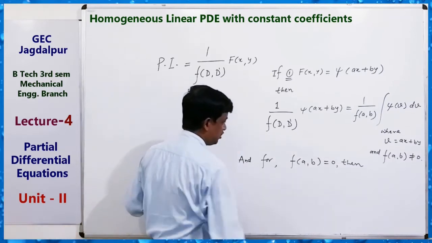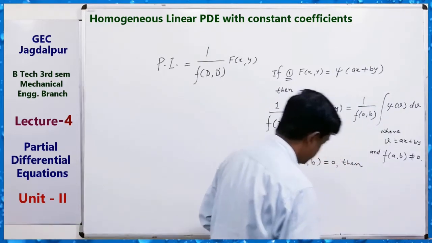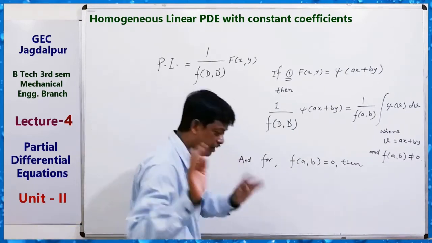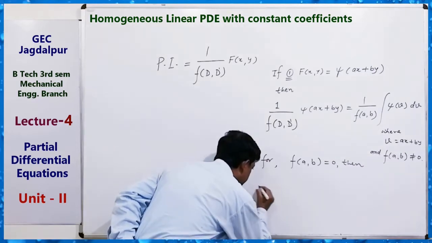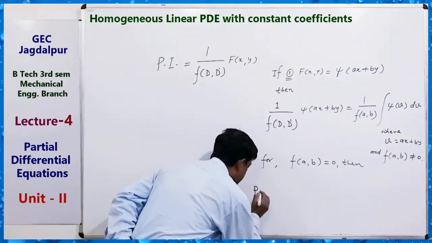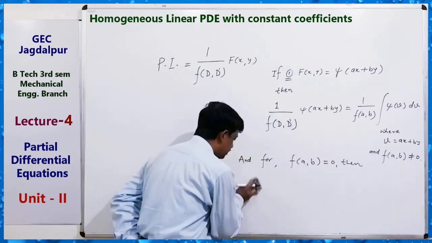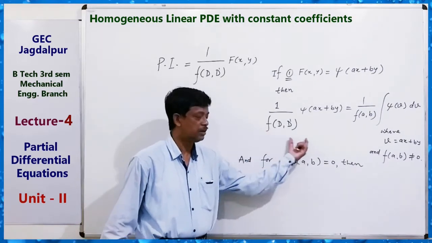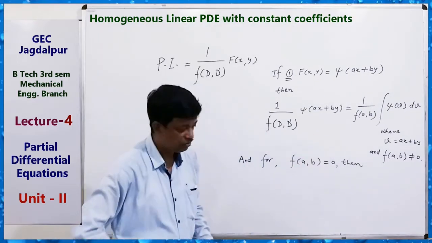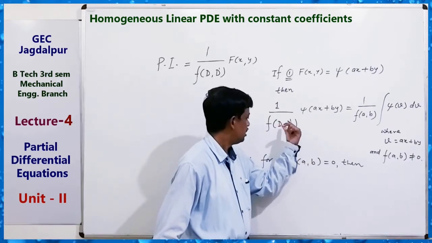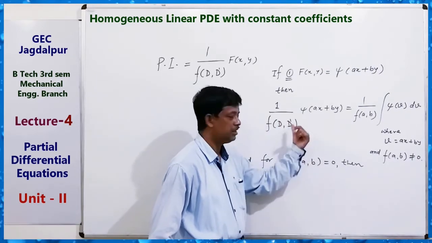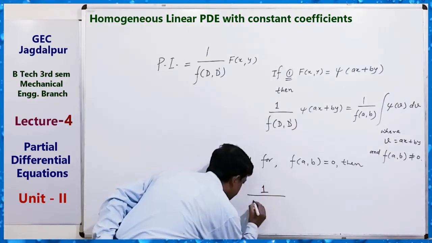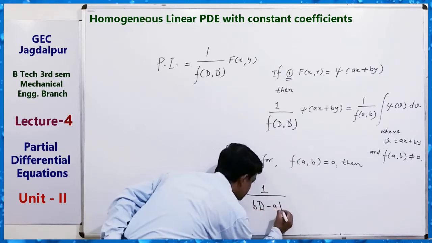Note down, when f(a,b) equals 0, in that case, for a particular factor. Because f(a,b) equals 0 means there is a factor that becomes 0 by putting a for D and b for D dash. That means there is a factor like bD minus aD dash.